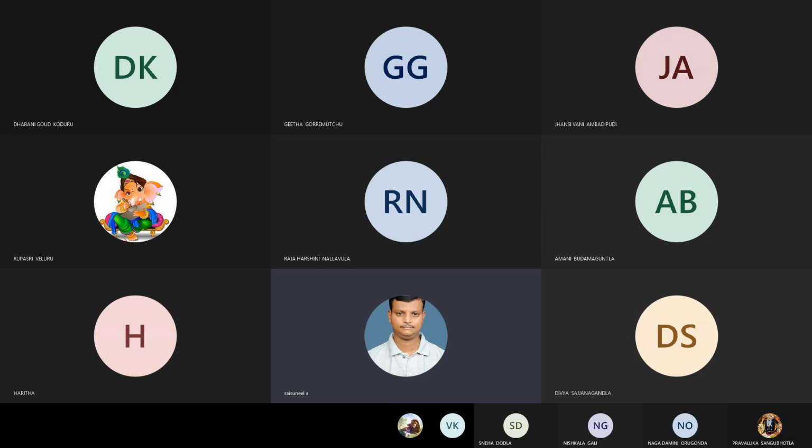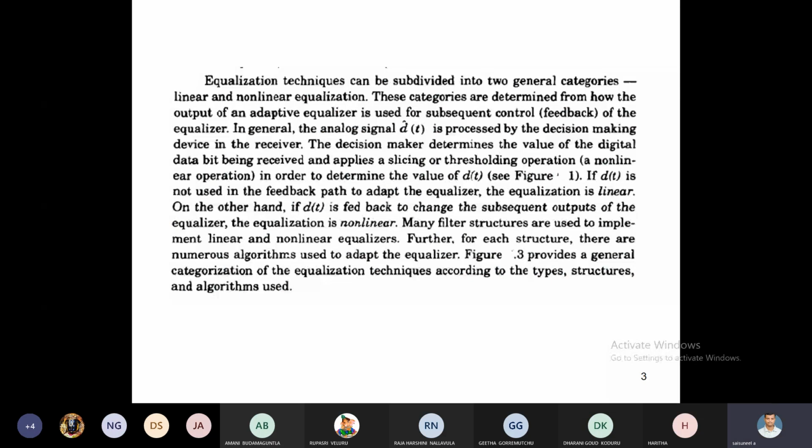The output of the decision device is d of t. By using this decision device, we check whether the output is equal to the input or not. If it is not equal, again we apply feedback.